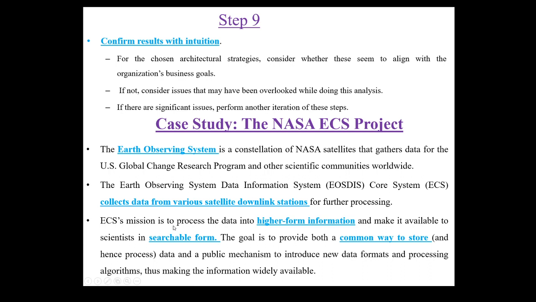The mission is to process data into higher forms of information and make it available to scientists for research. The goal is to provide a common way to store the data and a mechanism to introduce new data formats and processing algorithms.